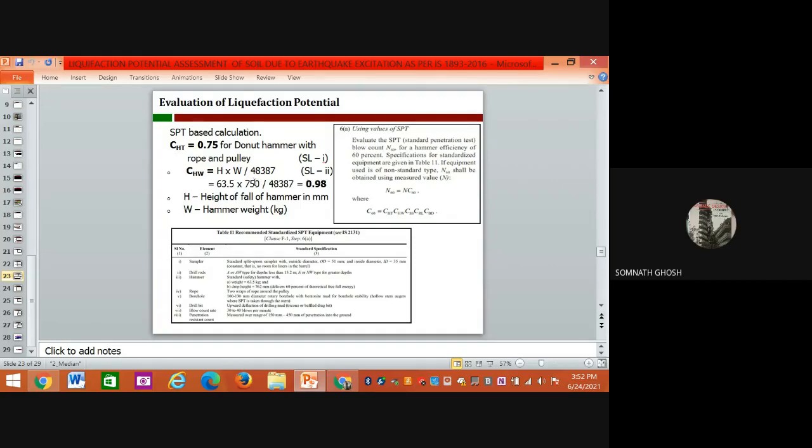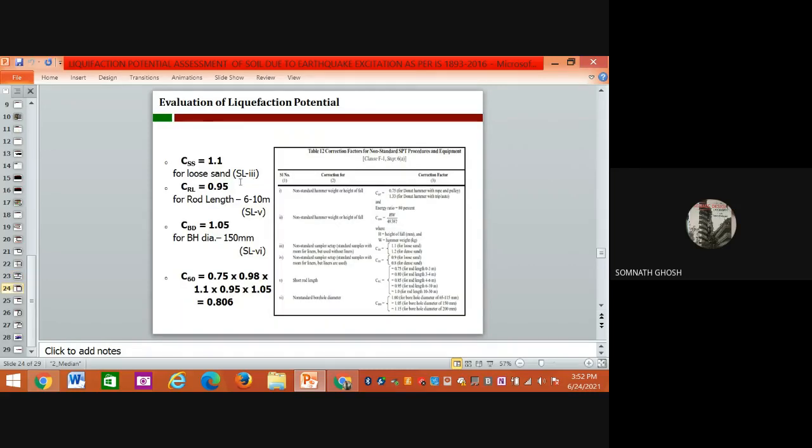So those corrections are made, and you see all these things: loose sand, the rod length, borehole dia, all these things are there, and they got the C60. This is C60, one parameter they calculated, right? All these things are regarding this modification of N value, right?